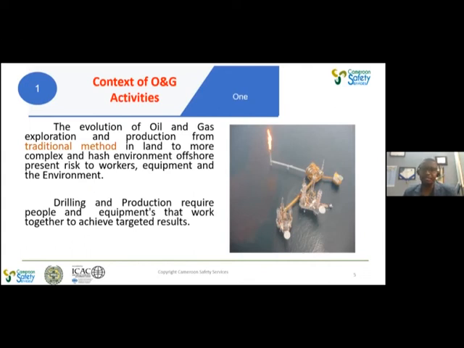Drilling and production require people and equipment to work together to achieve the results, which is that of extracting oil from the reservoir to the different storage tanks, and then transformation into different products. This interaction between people and equipment causes a lot of incidents, and throughout this presentation, we will see some of them and how they can affect operations.